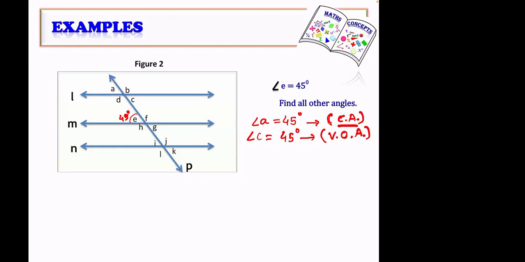Yes, ma'am. Tell me any 2 measures of angles. Okay, ma'am.